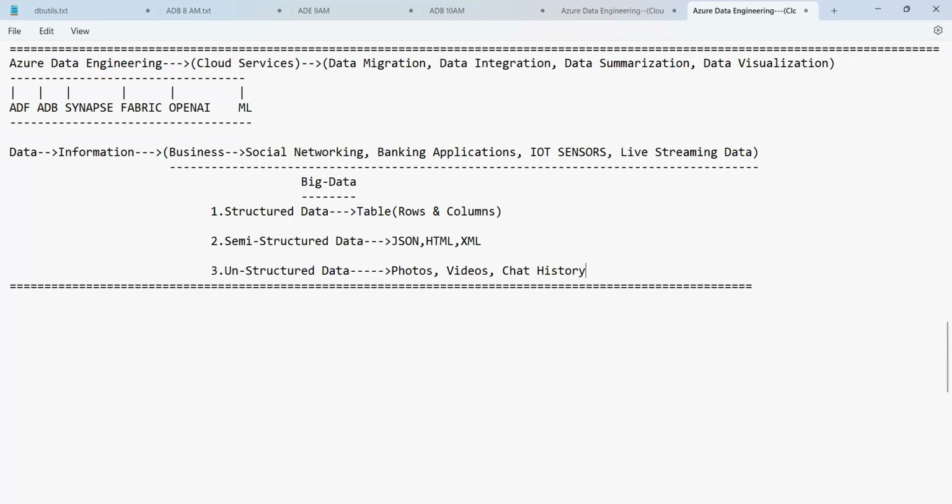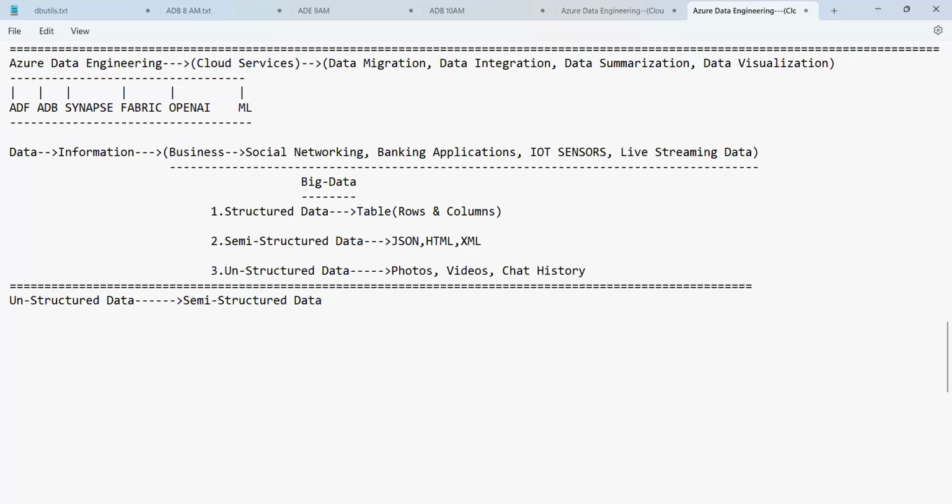As a data engineer, we handle the unstructured data and convert it into semi-structured form, where we convert it into JSON or some other understandable form.